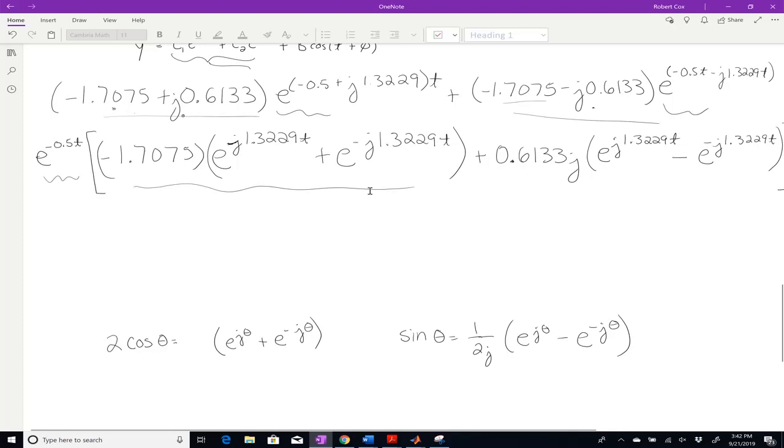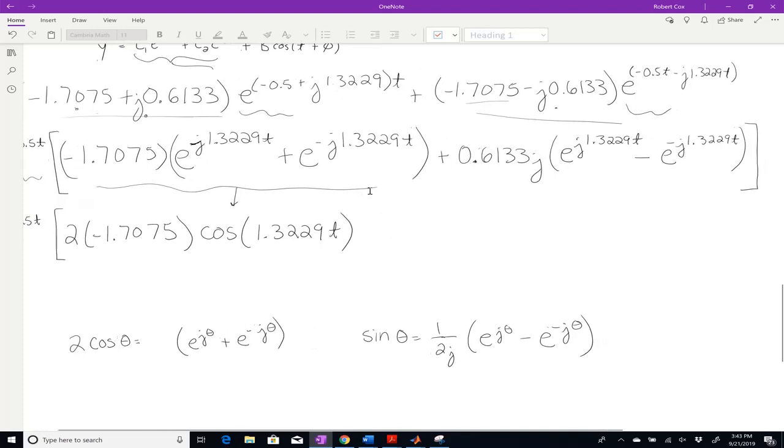So if I use that expression, I can rewrite this up above as e to the negative 0.5t times 2 times negative 1.7075 times cosine of 1.3229t, like so. All right, so this term has been collapsed into a term that is truly a real thing that we can observe in the real world with no complex exponentials.